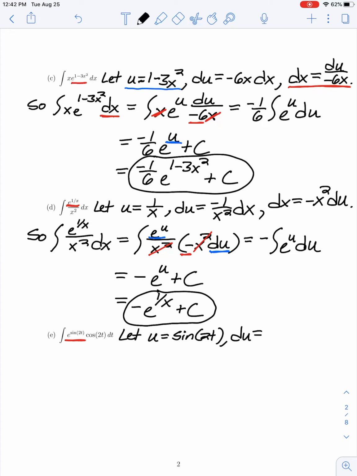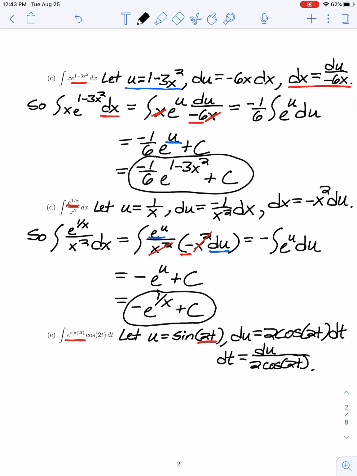So the derivative of sine of stuff would be cosine of stuff, in this case cosine of 2t, and then we have to multiply by the derivative of the inside function. And here the derivative of 2t is 2. So our differential du would be 2 cosine of 2t dt. And I need to solve for the differential of t. So to do it, I could take du and divide through by 2 cosine of 2t.